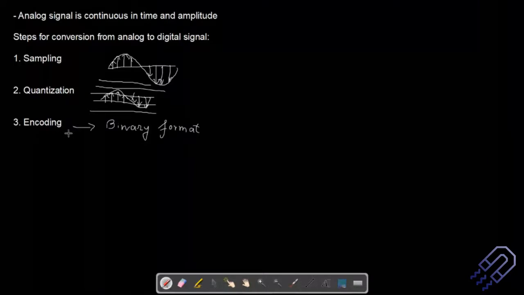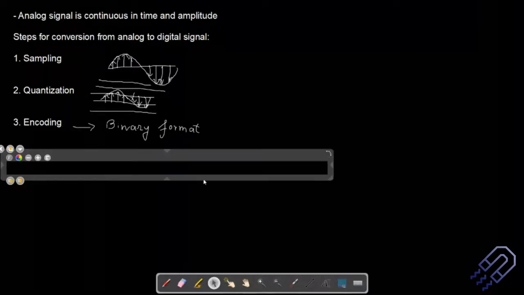But quantization is a big term, so let me write down the definition of quantization. Exactly what do I mean by quantization here?